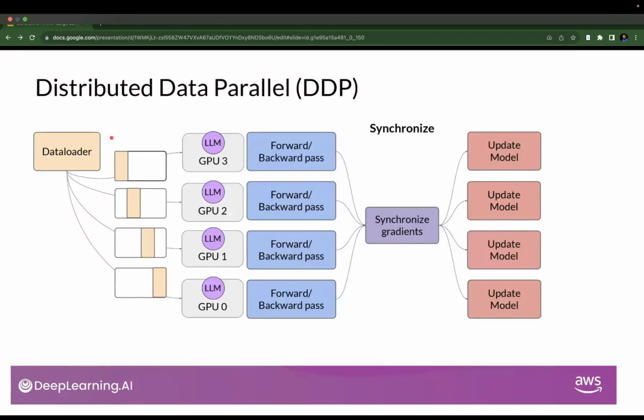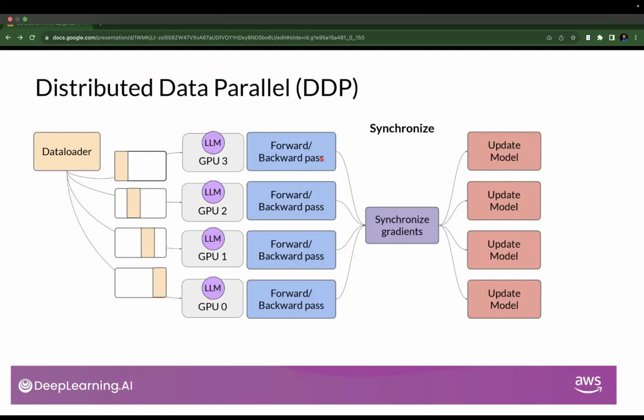In the distributed data parallel technique, you train the whole LLM across different GPUs, and instead of training on the full data, you train on a subset of the data. Then, using forward and backward passes of the neural network, you update the model with the gradients.